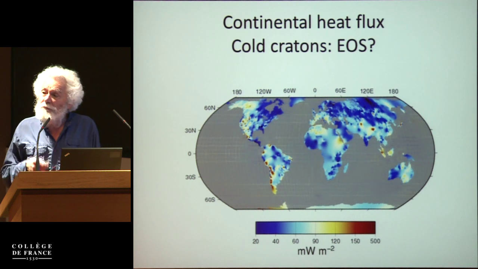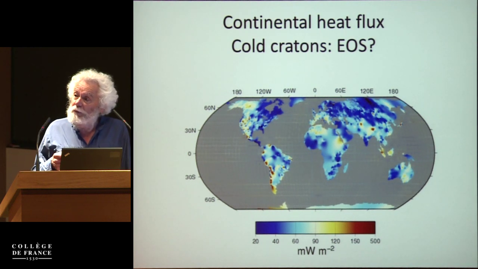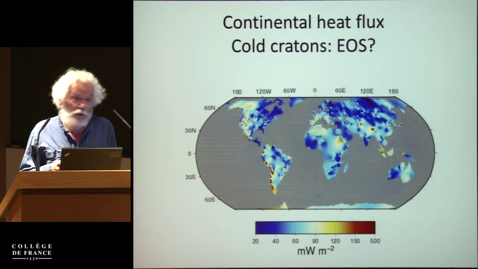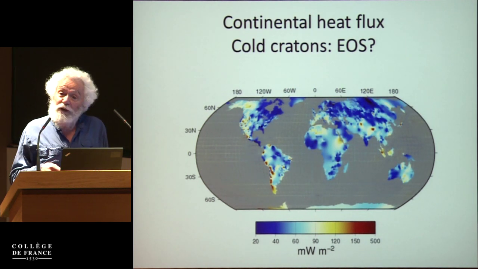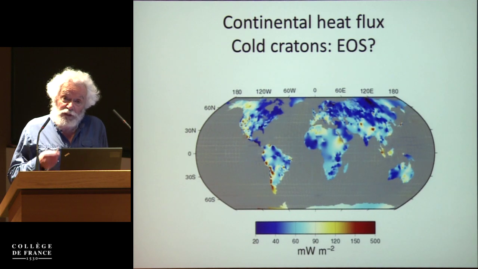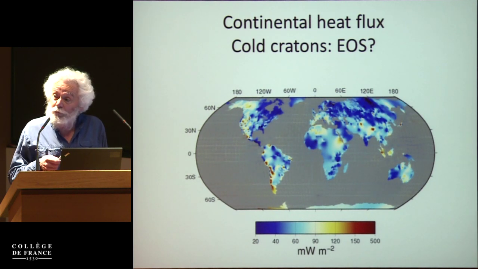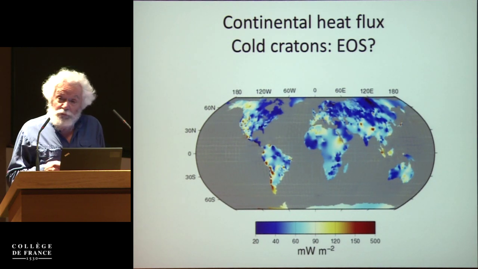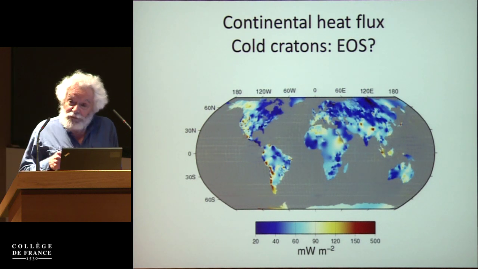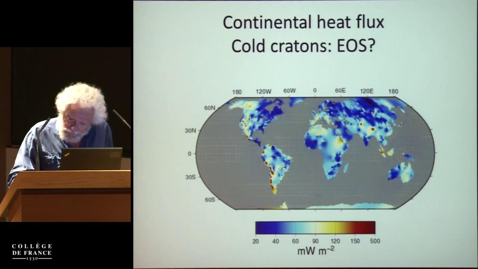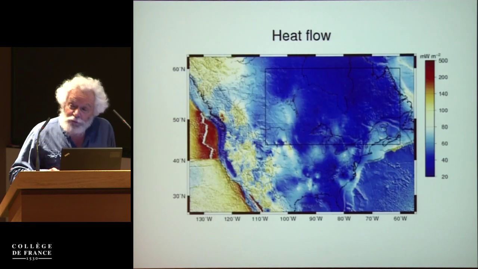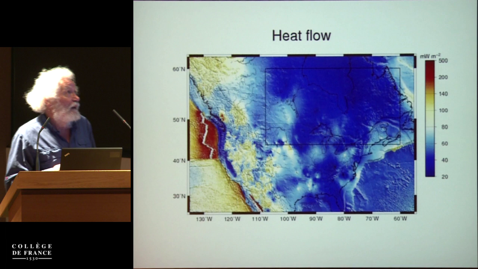For a long time, it was thought that there was nothing much to say about heat flow in cratons. Cratons are cold and characterized by a cold geotherm. And that was the end of the story. Well, if it was the end of the story, I would not be sitting here. You'll have to wait a few more minutes to get to the end of the story.